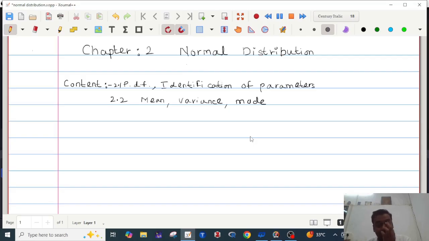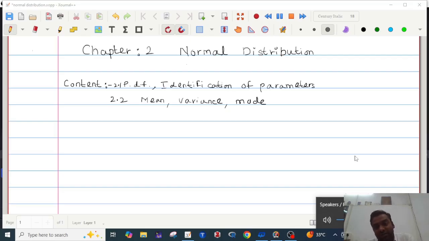For example, this normal distribution has an application in statistical quality control in order to construct the different control charts. Secondly, there is one important theorem, one important application of this normal distribution, and that is the central limit theorem. We may say that is the beauty of this normal distribution.